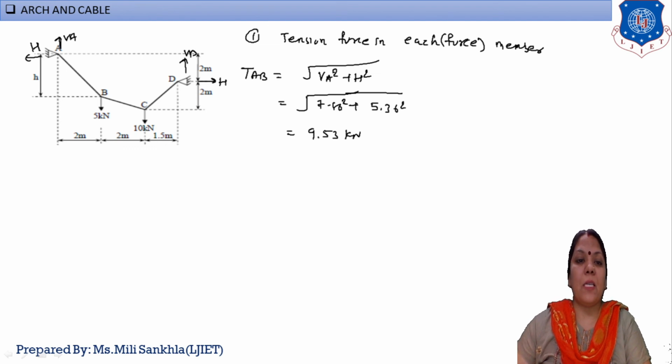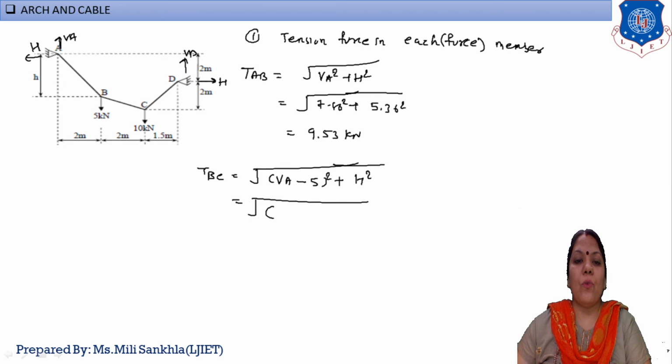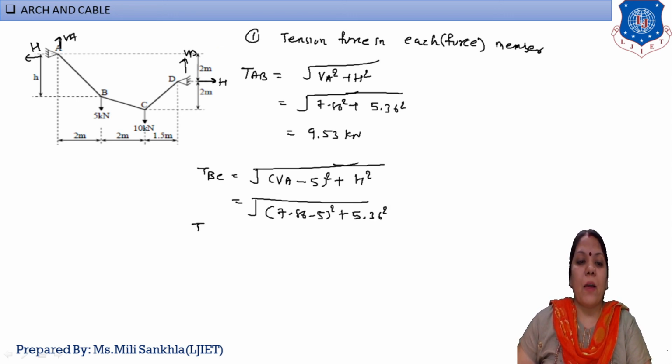Second, we find TBC. TBC is equal to the square root of our upward reaction VA minus our downward reaction 5, square, plus H square. VA is 7.86 minus 5 square plus H is 5.36 square, and my TBC is equal to 6.09 kilonewton.